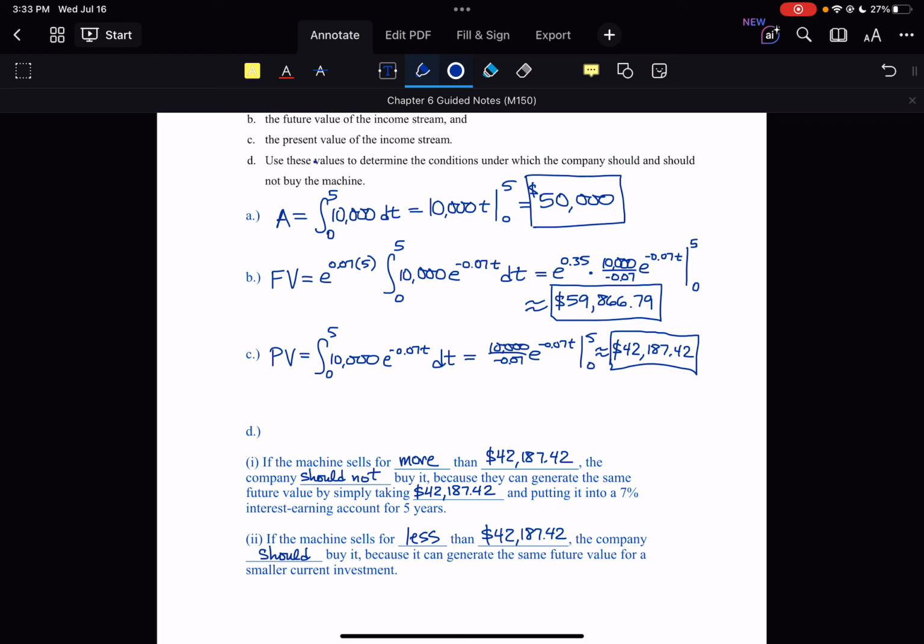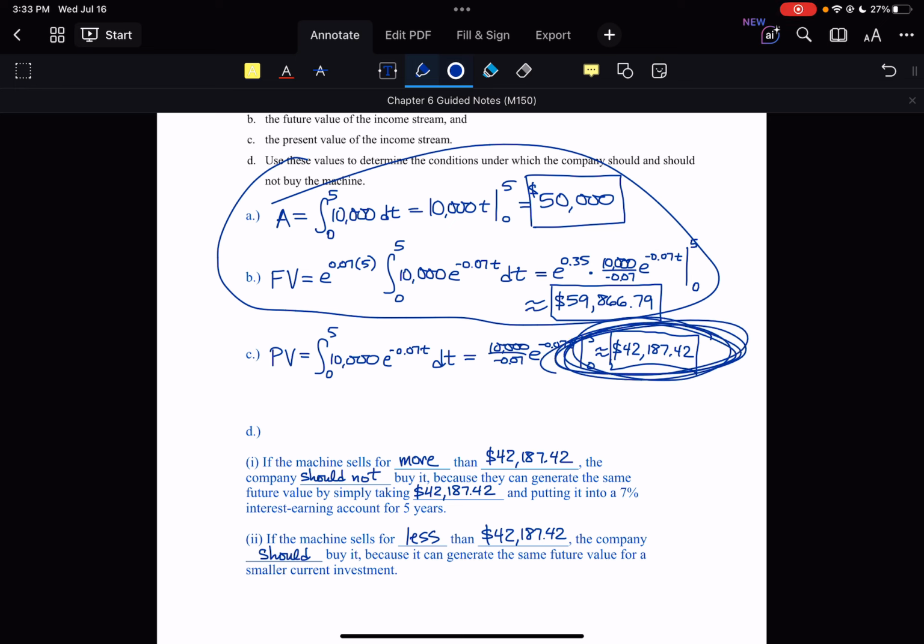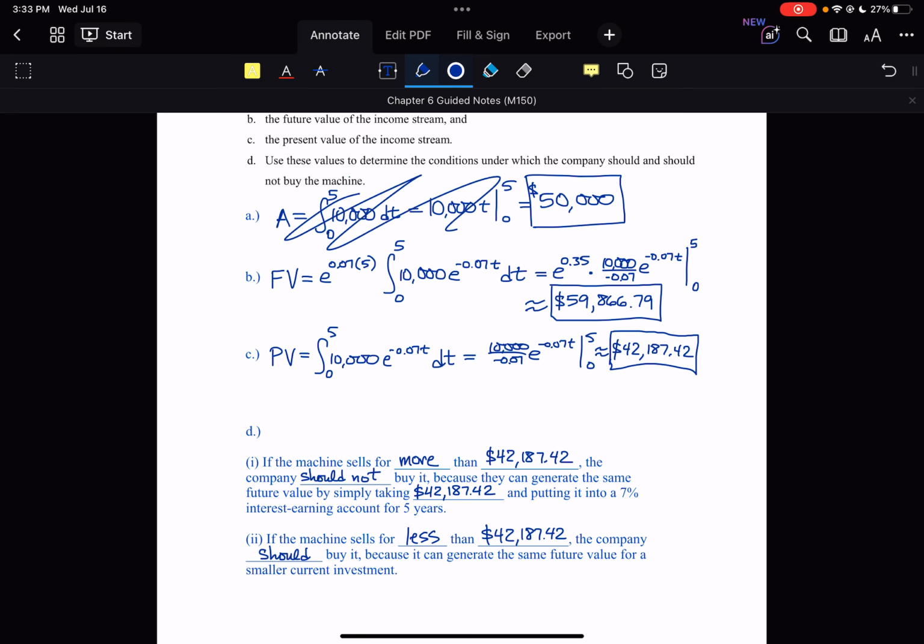Instead of doing all of that, they could just take this amount of money, $42,187.42, invest that in an account instead of buying the machine, and they will get the exact same amount of money. Okay, so buying the machine and earning interest off that, or investing this money and earning interest off of it, are the same. The outcome is the same in both of these cases.